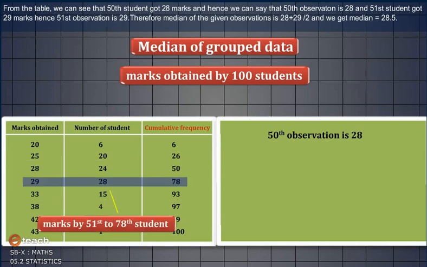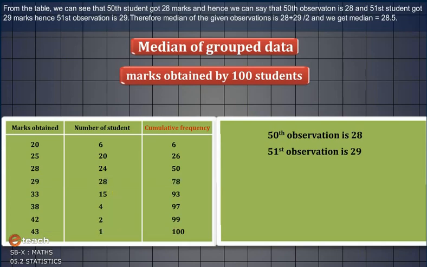Hence, the 51st observation is 29. Therefore, the median of the given observations is (28 + 29) divided by 2, and we get median equals 28.5.